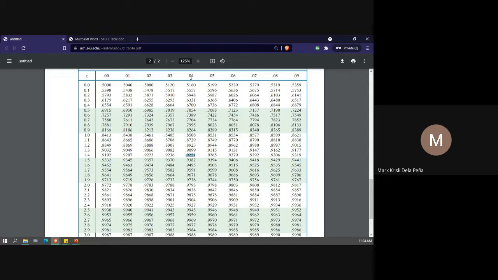Take note that if we use this type of table, we round to the fourth decimal place, the ten-thousandths.